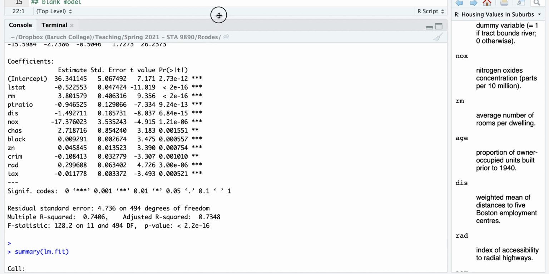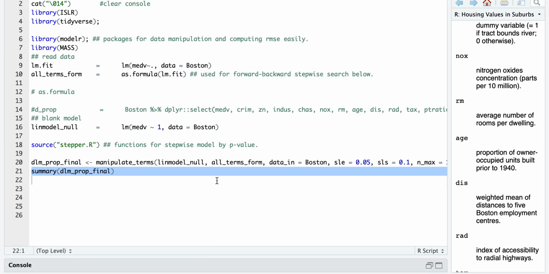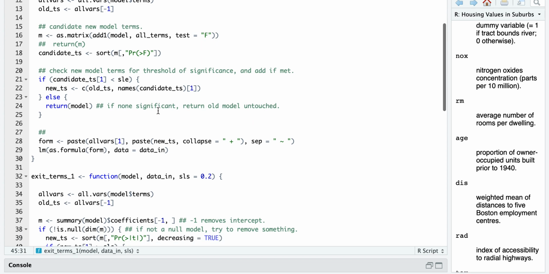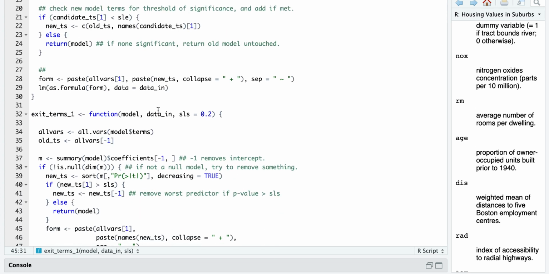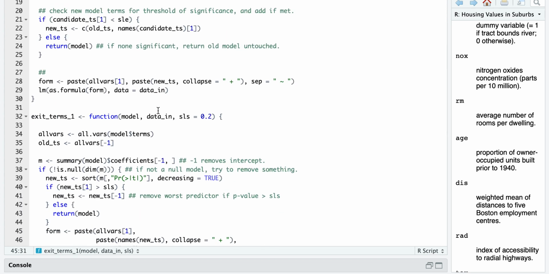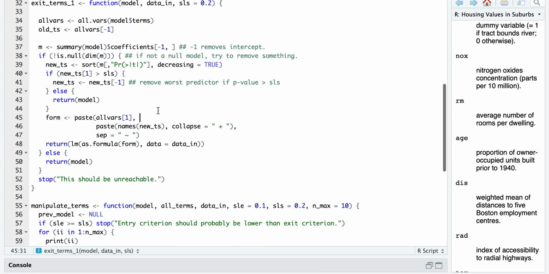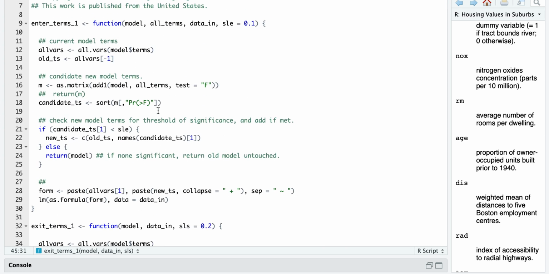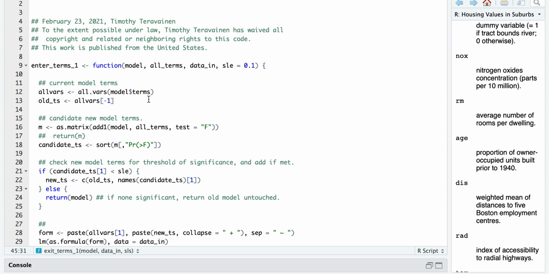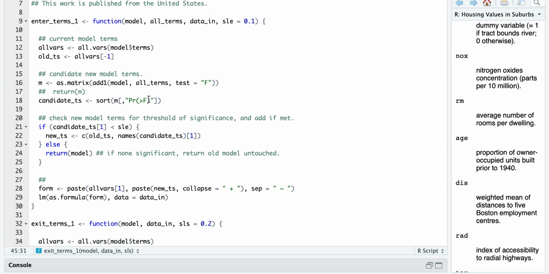Okay. But this was an illustration of how to do backward and forward, and also a high-level illustration of how forward-backward can be implemented, thanks to this code written by Professor Trevanin.